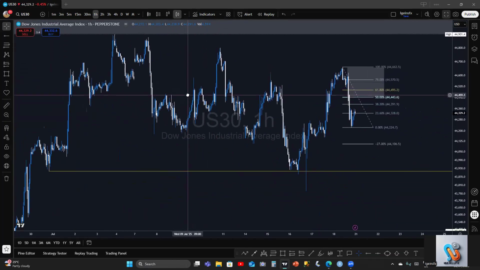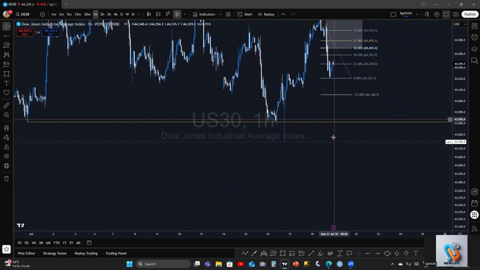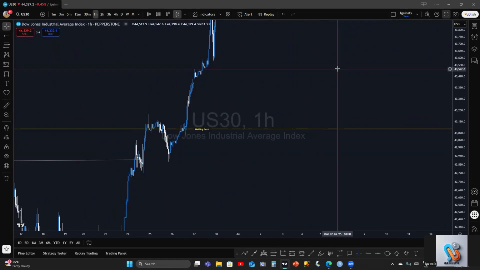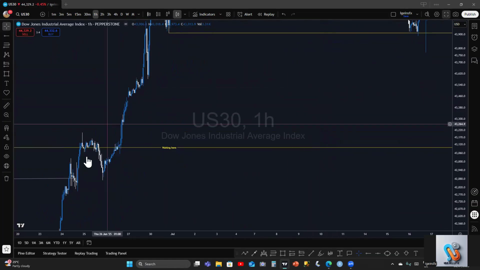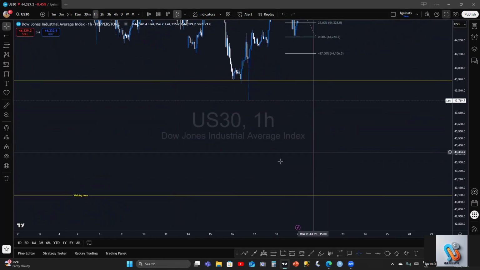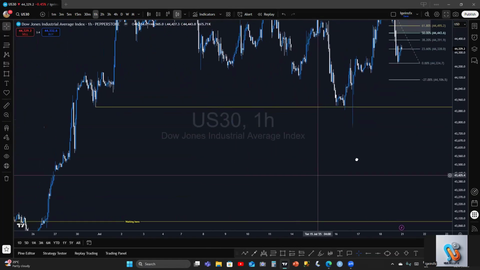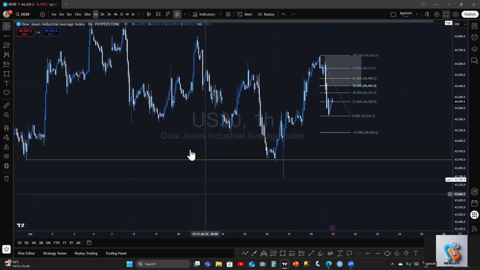The current trend is bearish until, as it's making its way down, it gets to any POI that holds it and makes the price stall, then we will see a rebound that will trigger a bullish continuation. The overall trend is bullish, but this current trend right here is bearish.